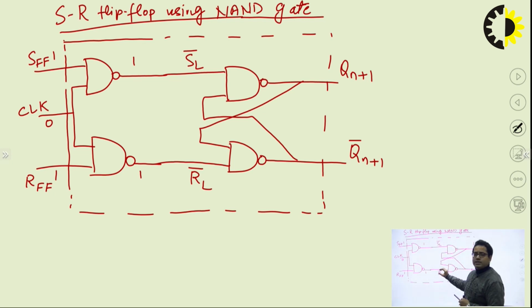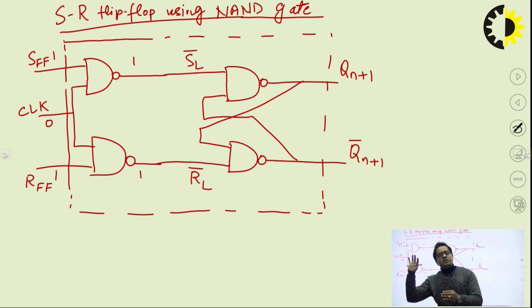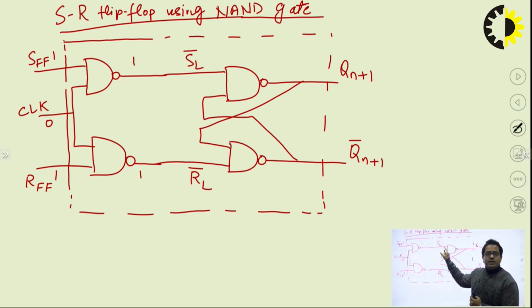Similarly, this is also active low, so it is going to respond only when it is seeing a 0. But at this instant, we are providing 1, 1. So it is still waiting for the input to be given, meaning that it will hold its past value. So your flip-flop for clock 0 remains in the hold state.